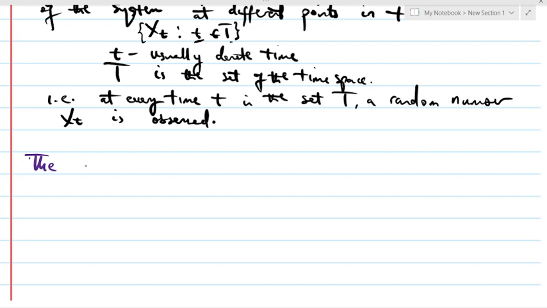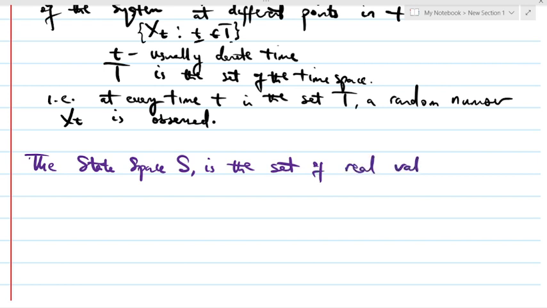The state space, represented as X, is the set of values that your random variable can take.